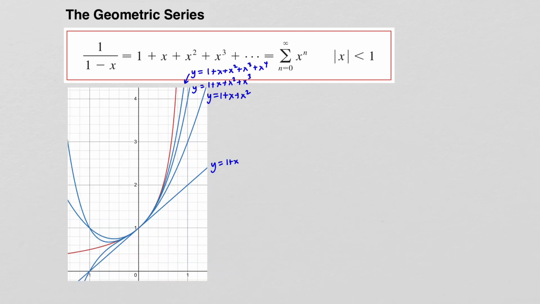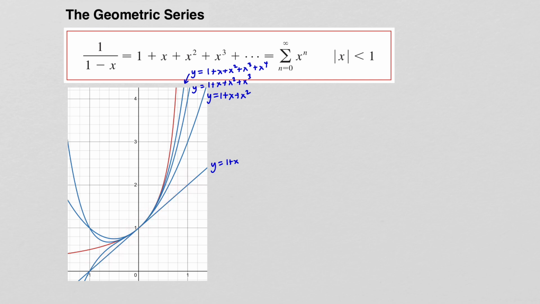To help you see that this is the case, I have the function 1 over 1 minus x graphed here in red. And then I have a few of the partial sums of this power series. The first sum that I have is y equals 1 plus x, which is this line right here.